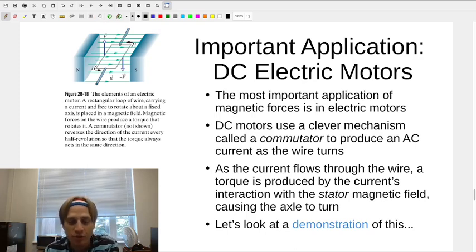Now, most motors are not DC motors. Most motors are actually a little more complicated. If you're using an alternating current electric motor, a lot of them are based off this contactless model introduced by Tesla back in the early 20th century.